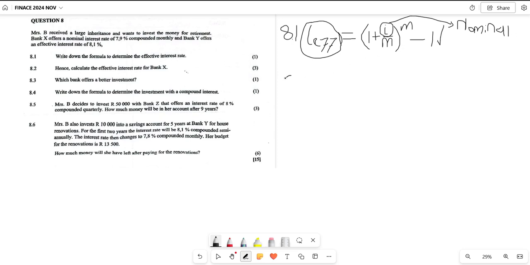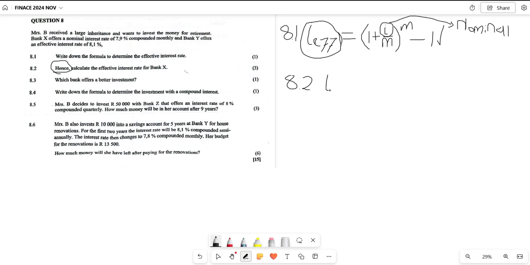Then we proceed to look at 8.2. It says, hence. Candidates, when the question says hence, reuse your previous answer from 8.1. What is our previous answer? It is the formula for I effective. Before we read the entire question, we are going to write what we have under 8.1, which is the formula for I effective.